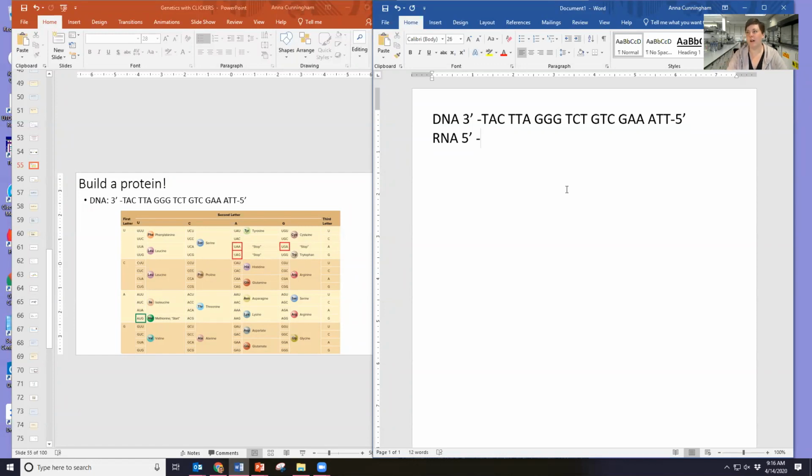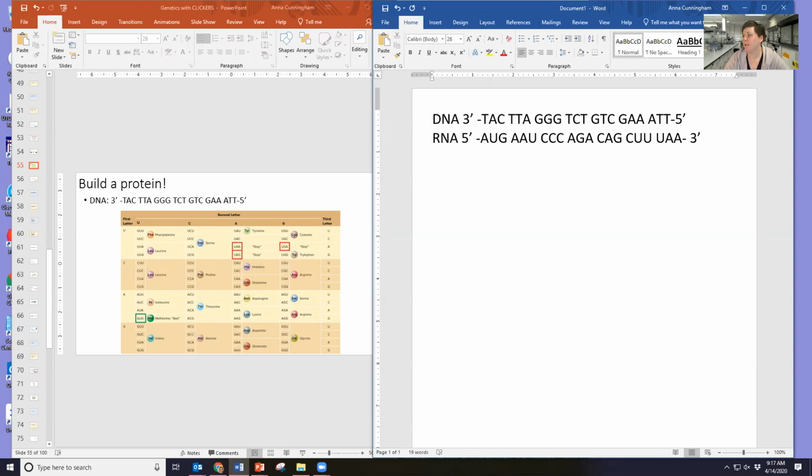The complement to T is A, the complement to A in RNA is U, and then C and G. Correct me if I'm wrong, because sometimes I do get this wrong. T, A, C, U, U, U, A. Okay, and then of course that is 5' to 3'.